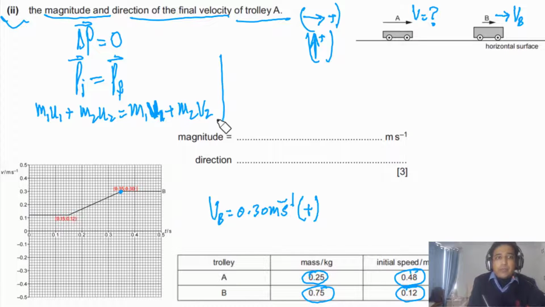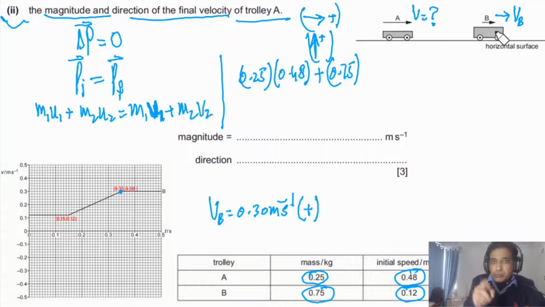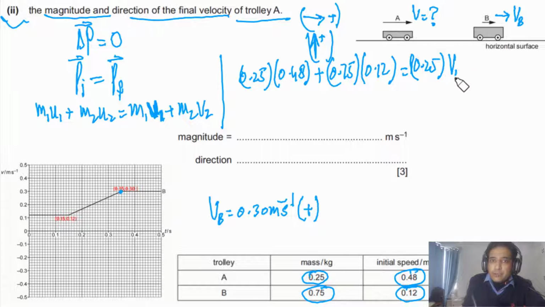Now simply we need to plug in values. The mass of trolley A is 0.25, and the initial velocity is positive, because the trolley is moving to the right, plus for the second trolley, the mass is 0.75, and this trolley is moving to the right because this is positive, so we have 0.12. This is equal to 0.25 times VA, which we need to find out.